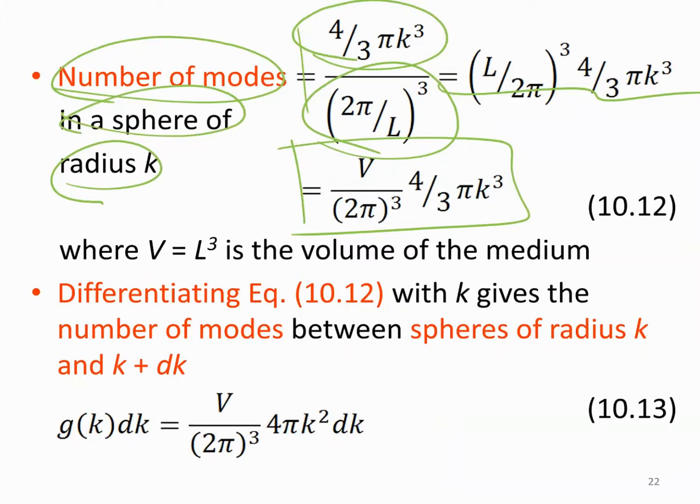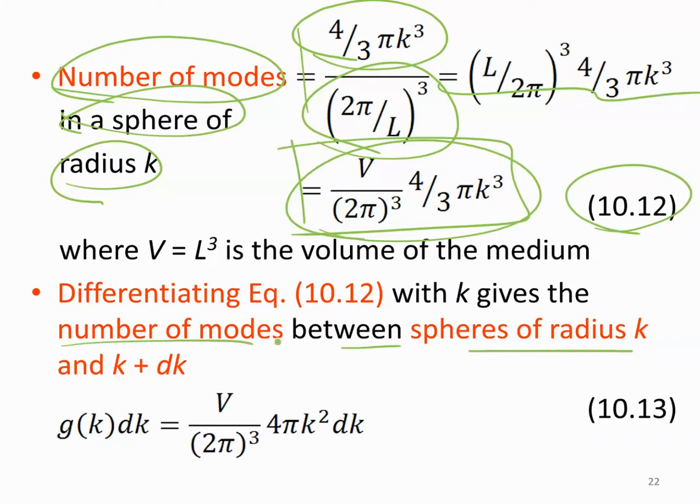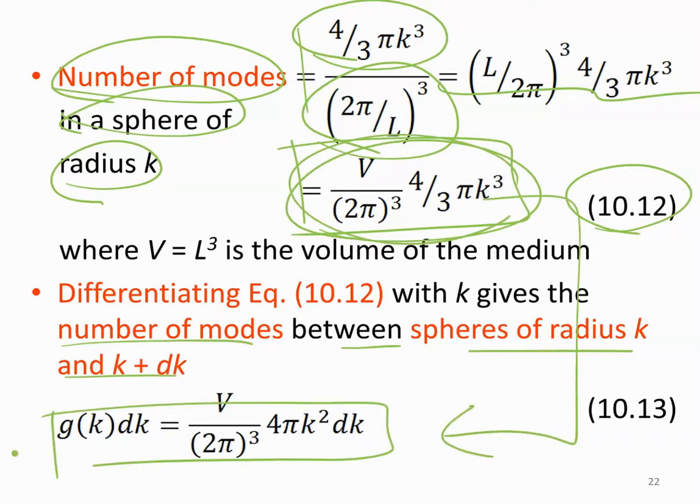So now we differentiate this number of modes with k. That will give you the number of modes between the sphere of radius k and k plus delta k. So we differentiate this equation, then we get the number of modes between the sphere of radius k and k plus delta k. Very simple differentiation. Then we get this equation.